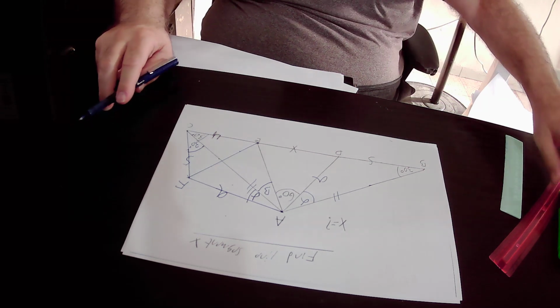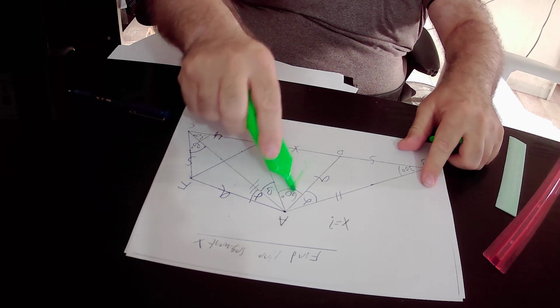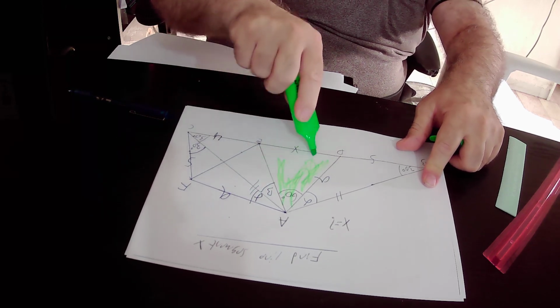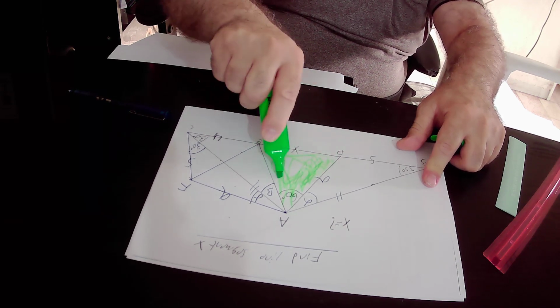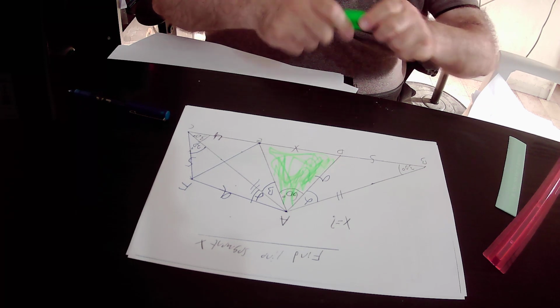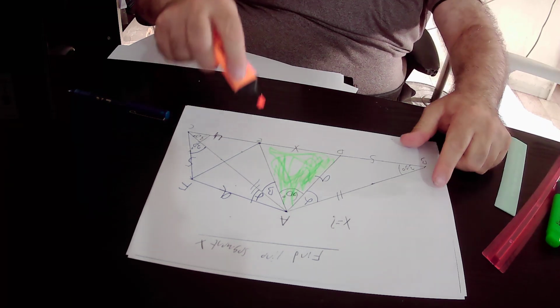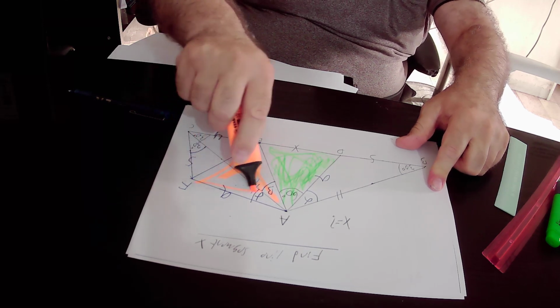So we prove the triangle ADE, the green triangle, is congruent to the triangle that we created, the orange triangle, triangle AEF.